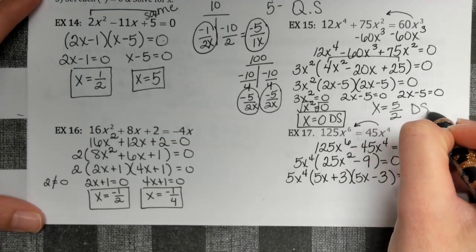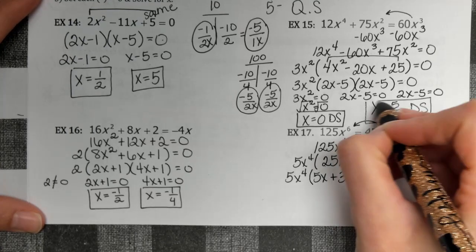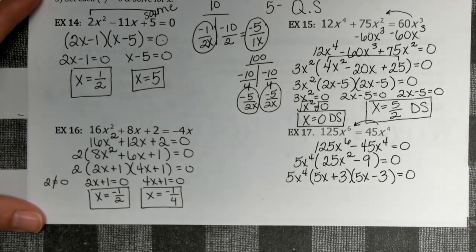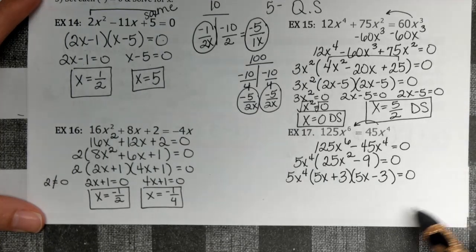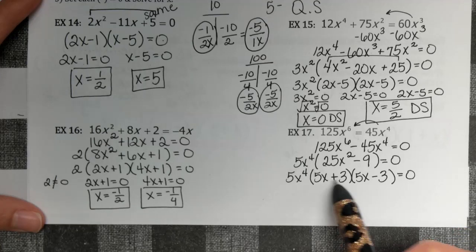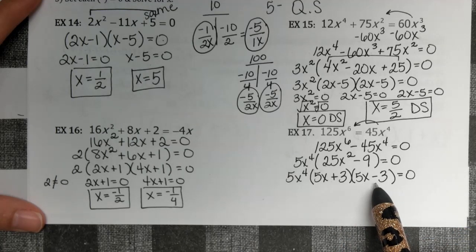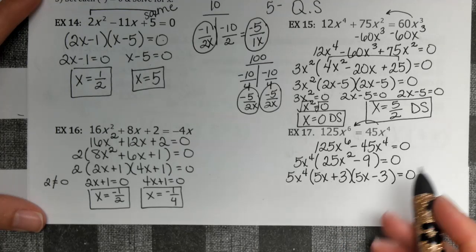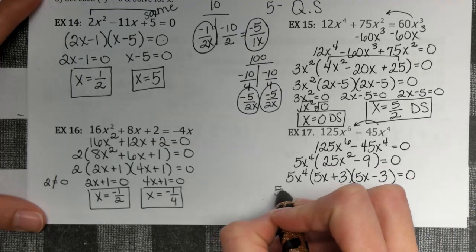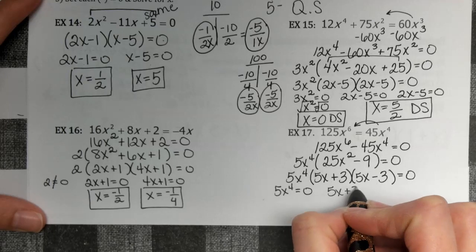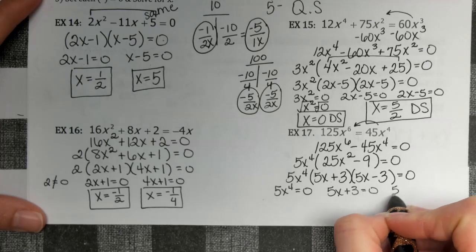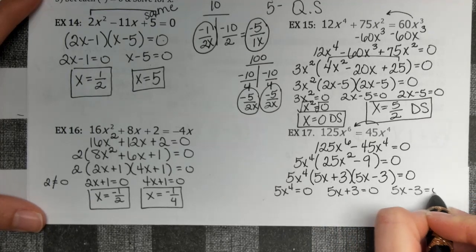And I would have put double solution because there's two of them. If there's two of the exact same thing, you can solve it once, do double solution. Sorry. But on here, 5x plus 3 and 5x minus 3 are not the same thing, so you cannot do double solution there. Alright, so I'm going to set 5x to the 4th equal to 0, 5x plus 3 equal to 0, 5x minus 3 equal to 0.